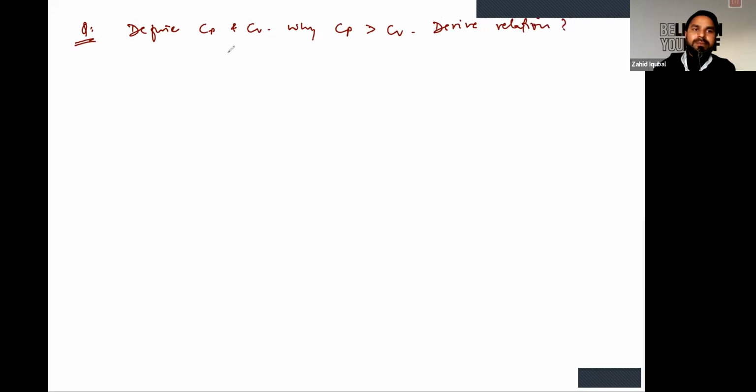We may define Cp and Cv as: Cp is molar specific heat at constant pressure and Cv is molar specific heat at constant volume.